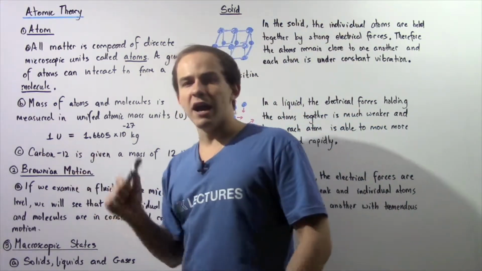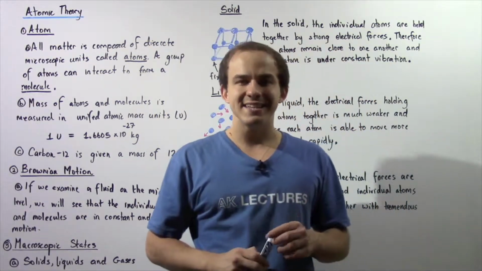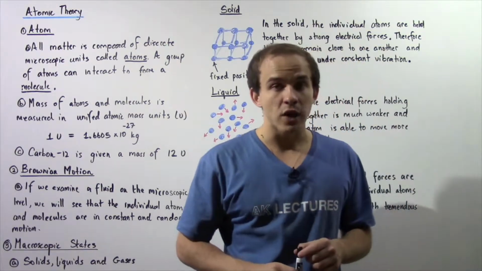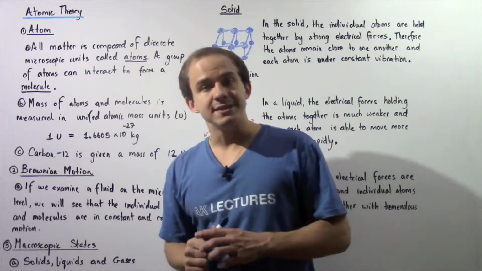Now, one unified atomic mass unit is equivalent to 1.6605 times 10 to the negative 27 kilograms. So we can see how small this unit is.